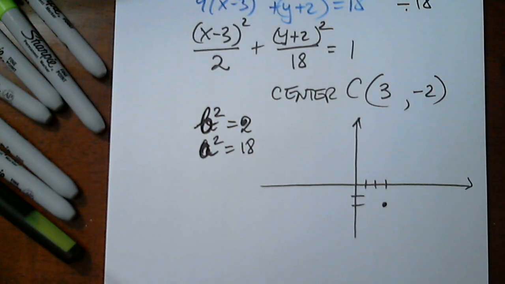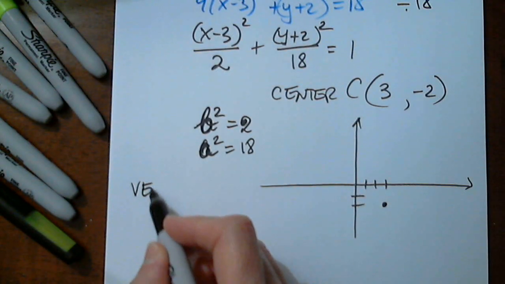I completely agree. Good. Only because we want to consider that A is greater than B. Good. What will be the next step? I recommend next finding the vertices.